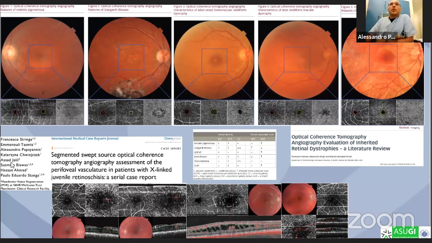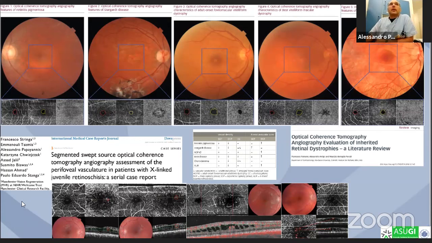Finally, I want to show you how we can use angio-OCT in patients with diseases such as retinitis pigmentosa, Stargardt disease, vitelliform dystrophy, choroideremia, and Best vitelliform disease. We can see that all these patients have an altered foveal vascular zone.